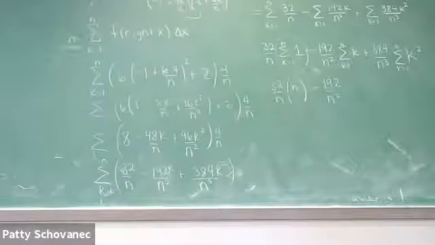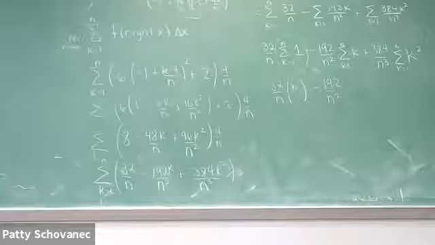So first formula. The sum from k equals 1 to n of 1 is just n. The sum from k equals 1 to n of k means 1 plus 2 plus 3 plus 4 on out to n.